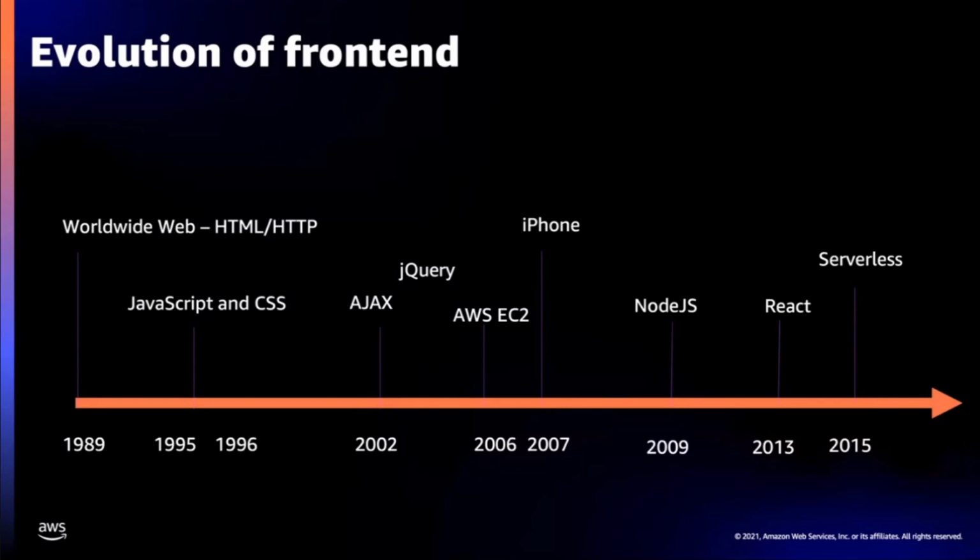Then more and more capabilities started becoming available for front-end developers, like the iPhone to bring apps directly to the palm of your customers, right? And then new technologies like serverless and React now make it easier than ever to build front-end applications that also have more cloud logic.